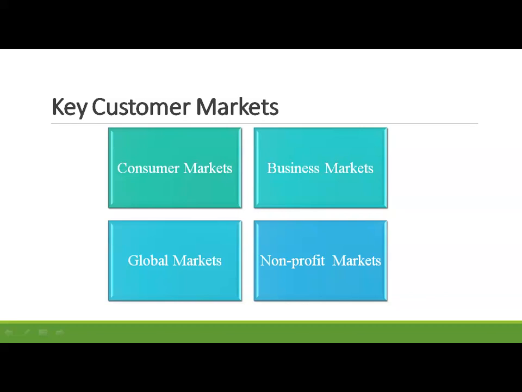Last, non-profit and government markets. Companies selling to non-profit organizations with limited purchasing power, maybe some temples or churches or universities, charitable organizations, and government agencies need to price carefully.